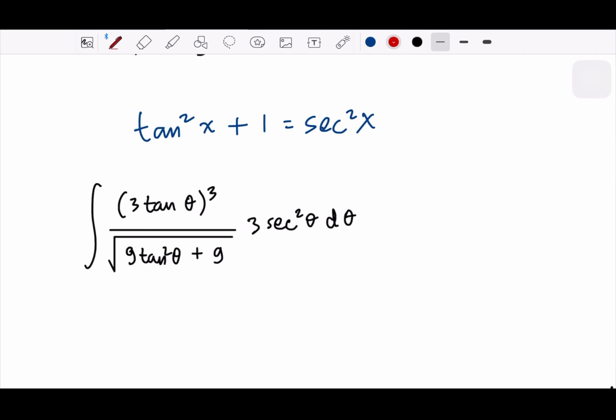And then the bottom equation perfectly becomes square root of 9 secant squared theta. And then we can write this down, it becomes 3 secant theta, right?